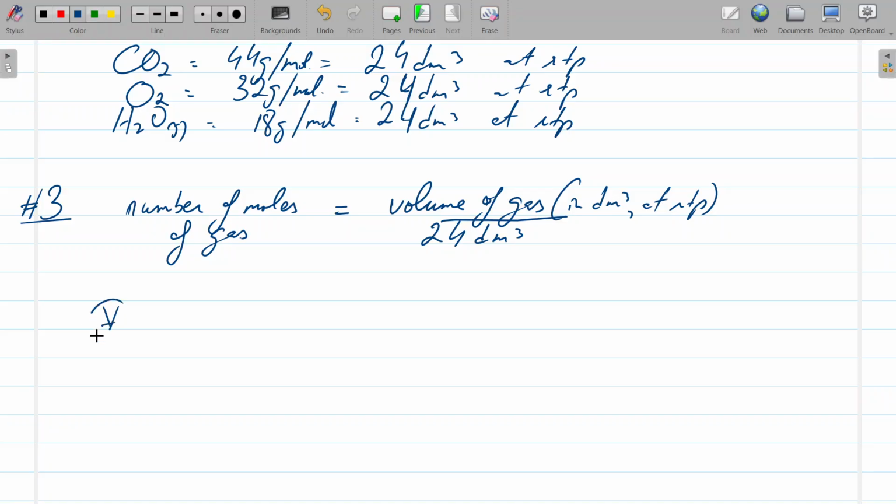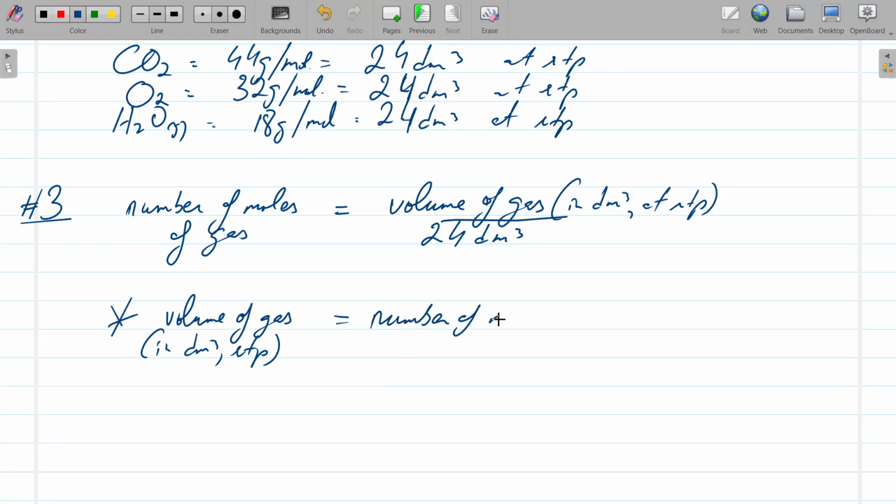And again, if you want to flip it around, depending on what it is you're trying to find, you can do volume of gas. So what is the volume of gas a certain number of moles are occupying? Again, in dm cube at RTP equals number of moles of gas multiplied by 24 dm cube.